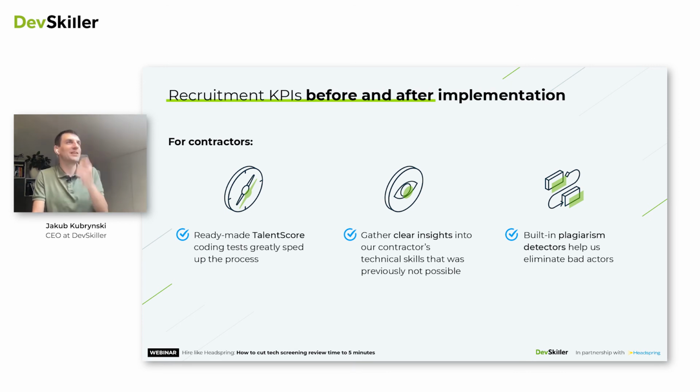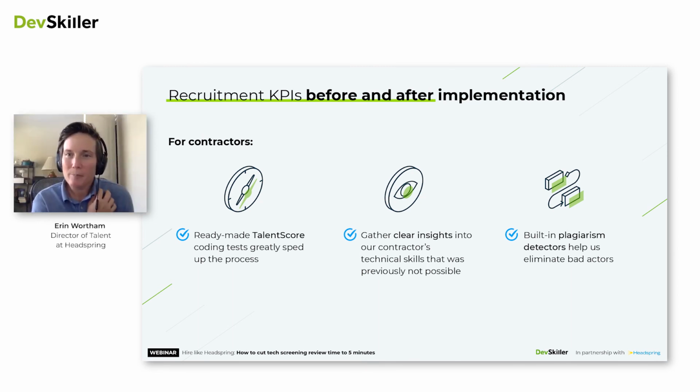Okay, do you want to, Erin, comment on these results, or we can move on? Yeah, I'd just say that maybe no surprises here. I think it's a mix of all of these things that brought us to evaluate and ultimately select DevSkiller as a partner.